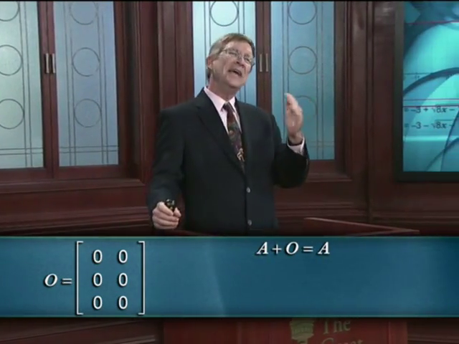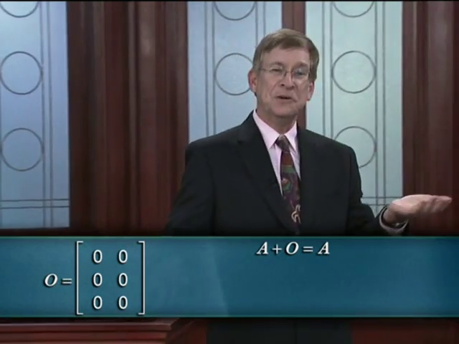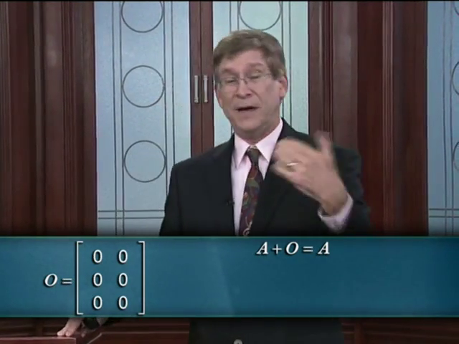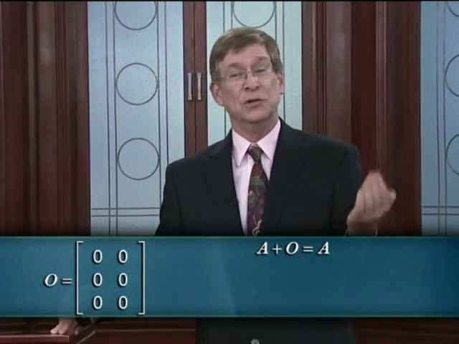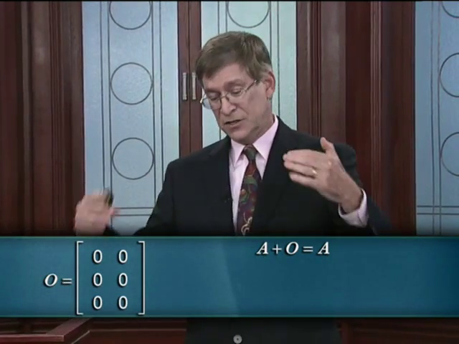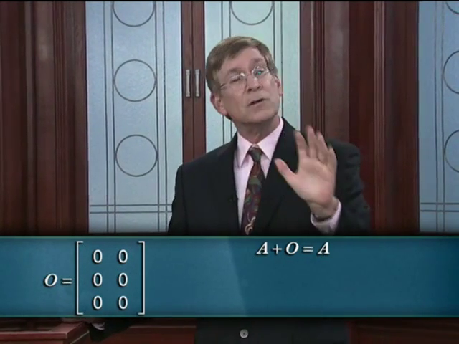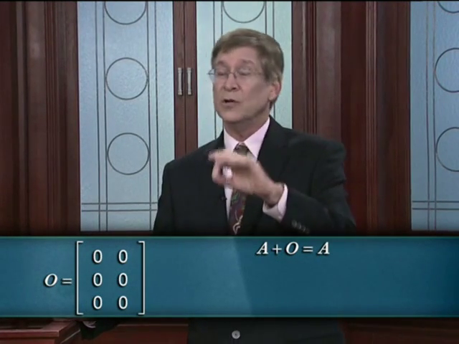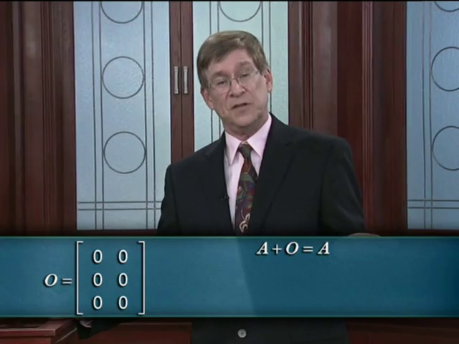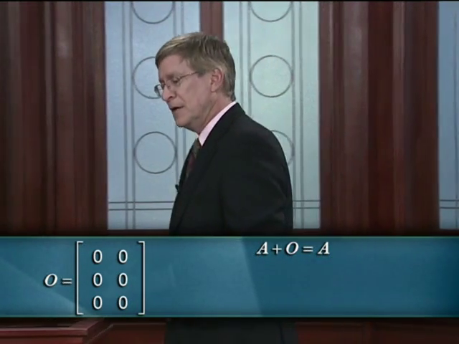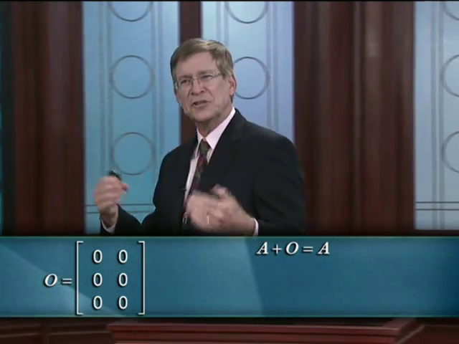If you add any matrix to the zero matrix, now you have to add a matrix of the same size, of course, you'll get back that matrix. A plus 0 equals A is a matrix equation, and it says the following. For a matrix A, if you add the corresponding 0 matrix of the same size, then you'll get back that matrix A. And that's obvious because all the entries are 0 when you add them up. The 0 matrix doesn't affect the sum.